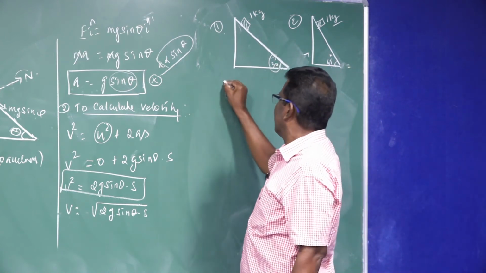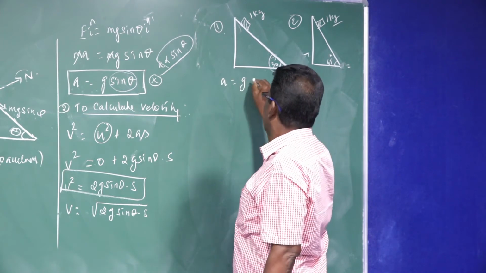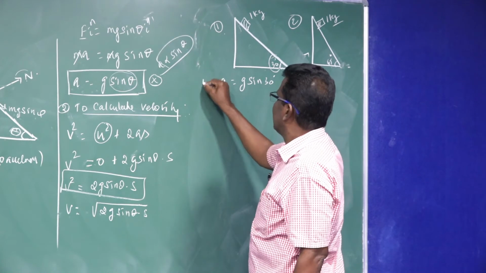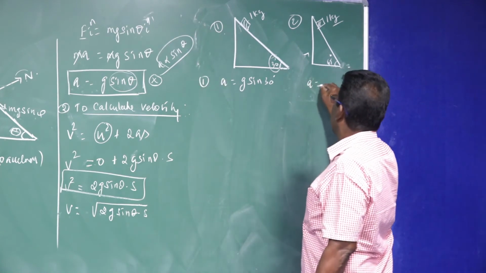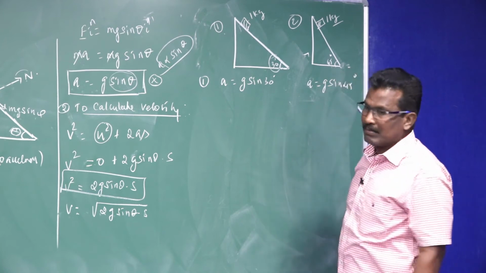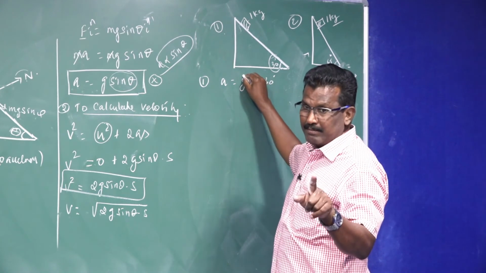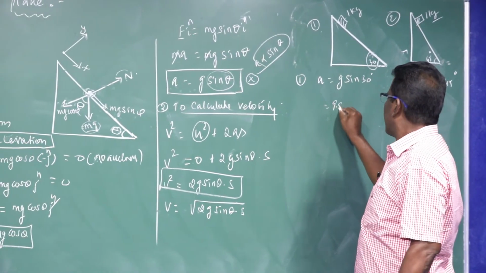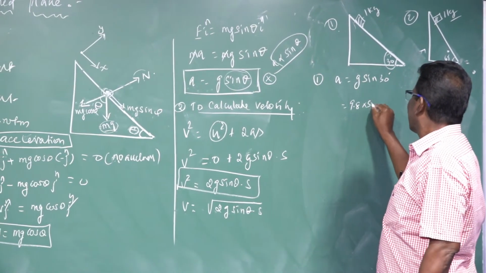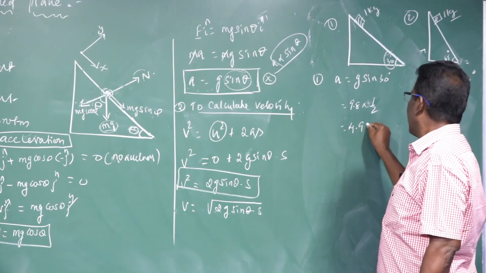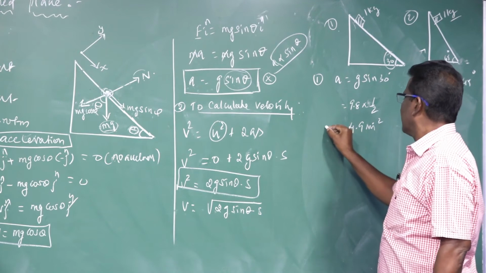In the first case, a is equal to g sin 30 degree. In the second case, a is equal to g sin 45 degree. Take g as 9.8 or 10, anyone. So 9.8 into sin 30, which is 1 by 2, gives 4.9 meter per second square in the first case.